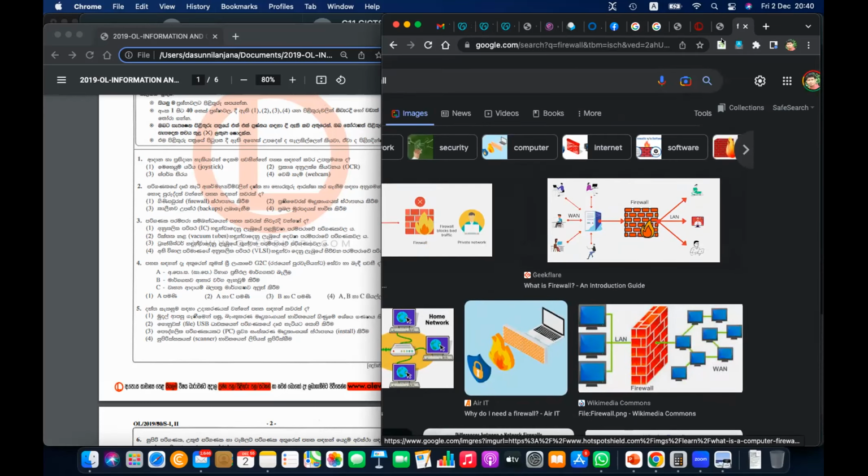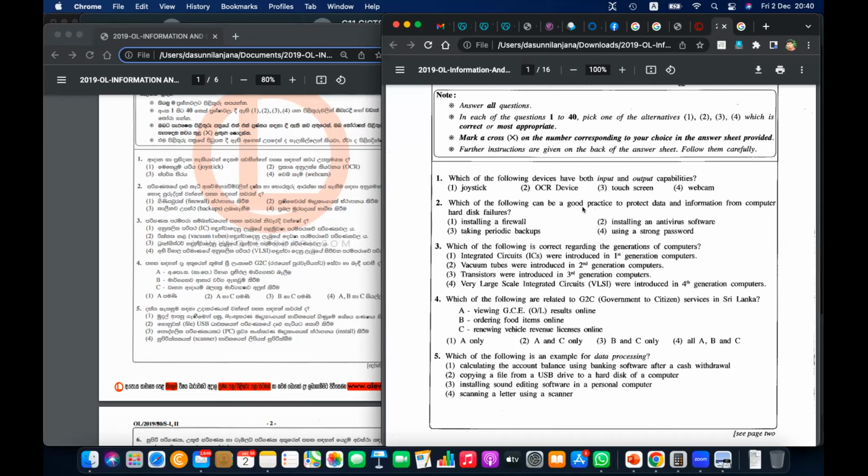This firewall will allow some services and block some services coming from outside. So it is protecting our internal network from intruders. Unwanted traffic, unwanted people are blocked. That is the nature of firewall. Okay, we just discussed that.